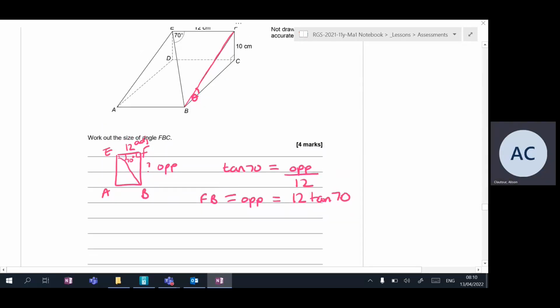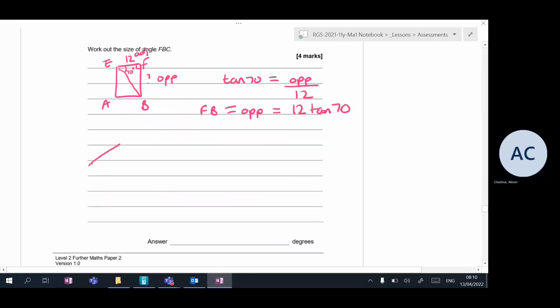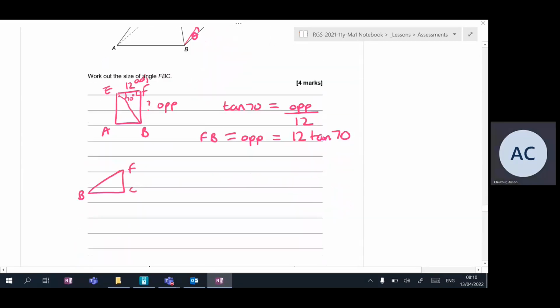Okay, so that means for our triangle, I'm going to draw that out in 2D as well. So FBC. Okay, FBC, so this tells you this side is 10. This is the angle we're trying to work out. And FB, we just worked out a minute ago, was 12 tan 70.